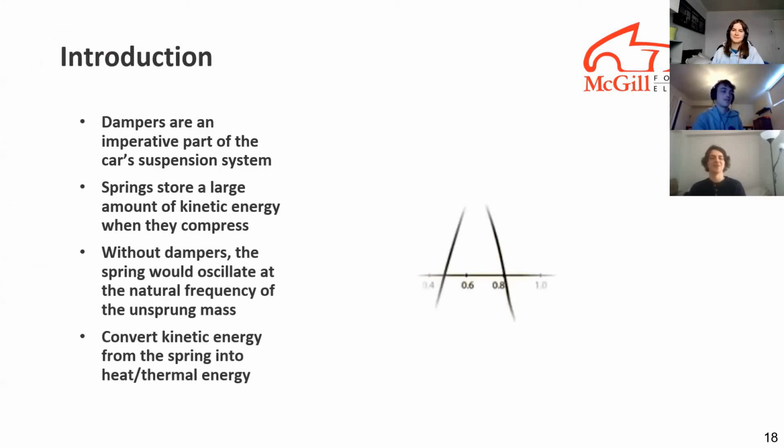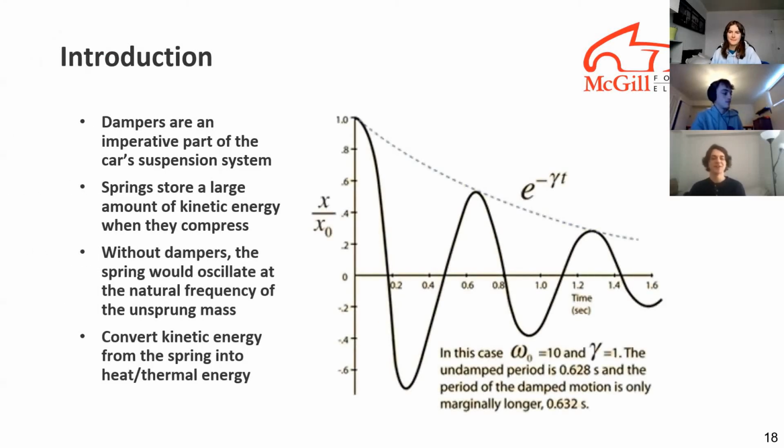Cool, thank you. So yeah, as Vincent mentioned at the beginning of this presentation, dampers are very important in the car suspension system. And we combine them with the springs, of course. So basically, also as previously mentioned, when a spring in the car suspension is compressed, it stores a large amount of kinetic energy, and this is released when the spring extends.